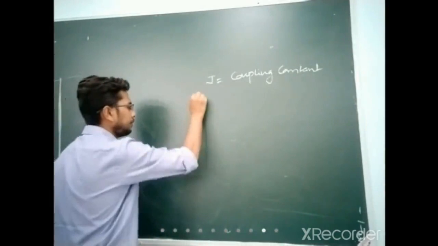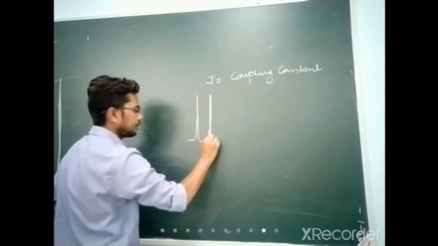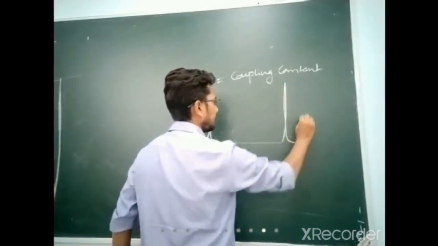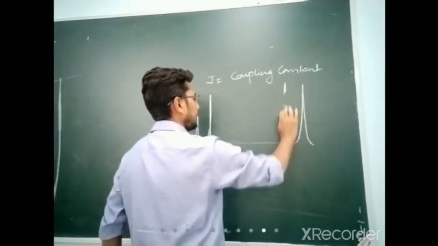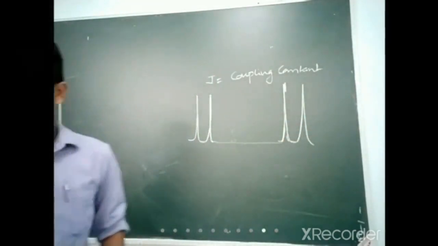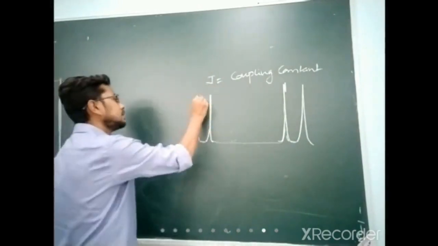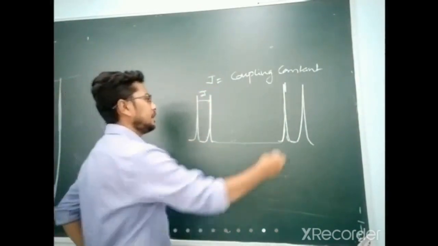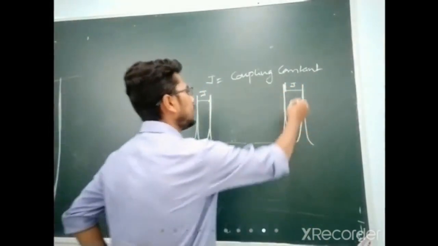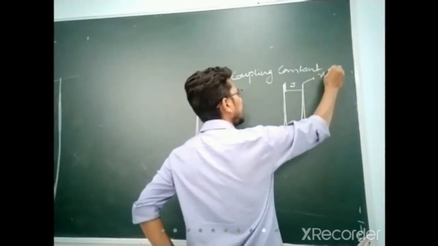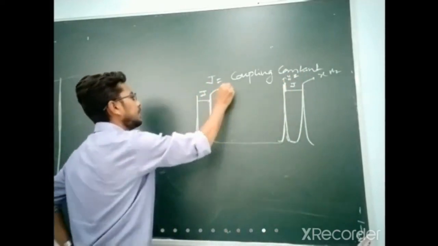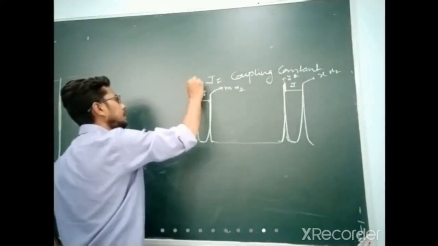Suppose I am having this is a doublet. This is also a doublet. Now this value is our J. This value is our J. So now when you record an NMR spectra, you will get here, suppose X hertz, here Y hertz, here M hertz, here N hertz.